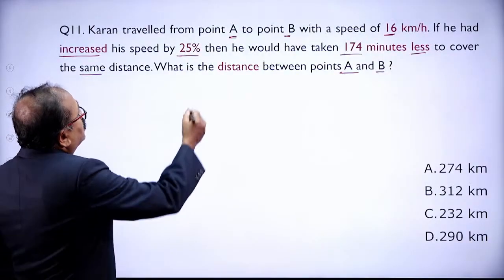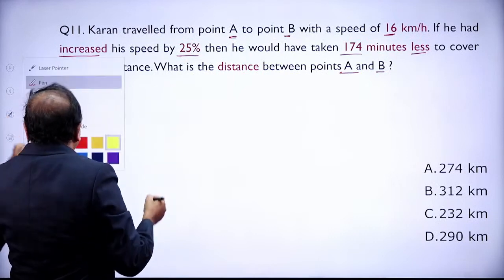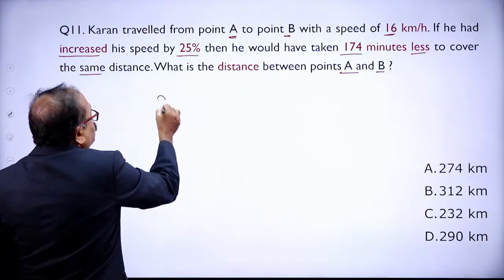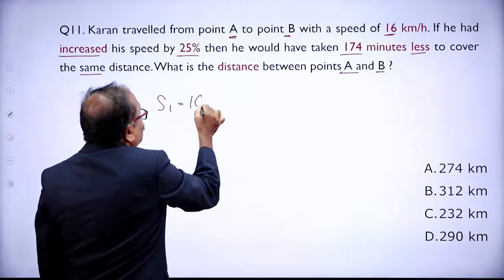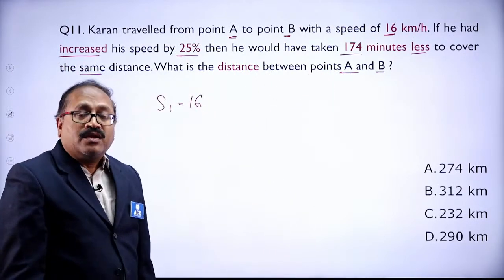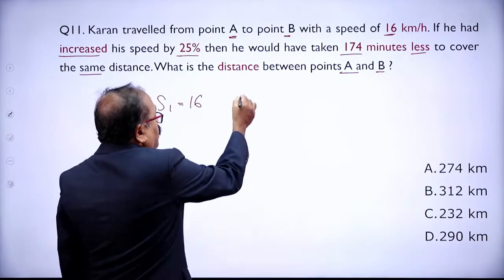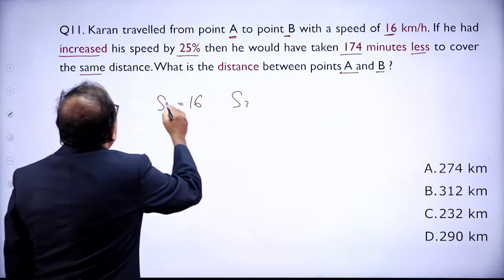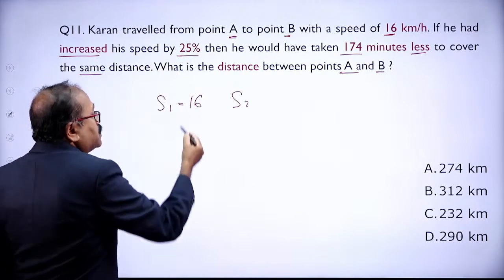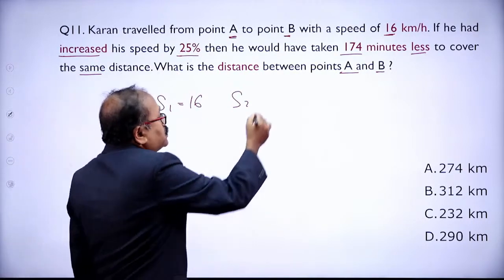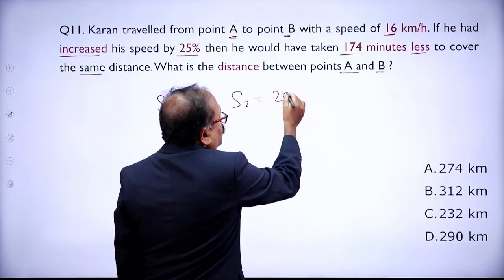Now here we know the speed 1. Do we have the S1? Yes, we have the S1. And what is that S1? He travels with 16 km per hour. What is my S2? The S2 is when the speed is increased by 25%. The 25% of 16 is 4. So 16 plus 4, which is 20.